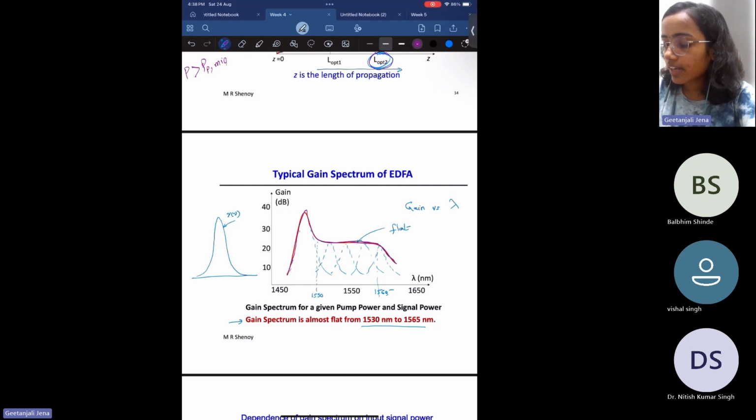The flat line you are getting is because of the Stark effect. Because of the Stark effect, there are multiplets of energy levels, and because of that, you will see different resonance frequencies. Because there is a spreading in resonance frequency, we'll see flat lines around the wavelength 1550 nanometer.